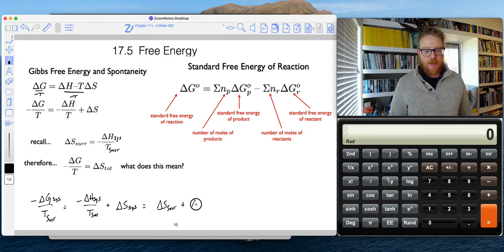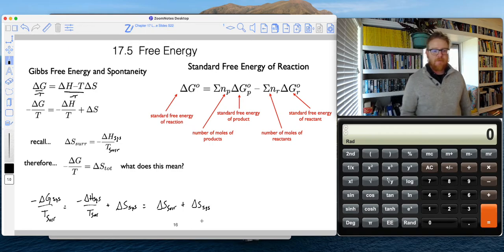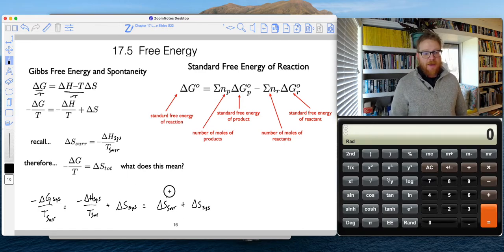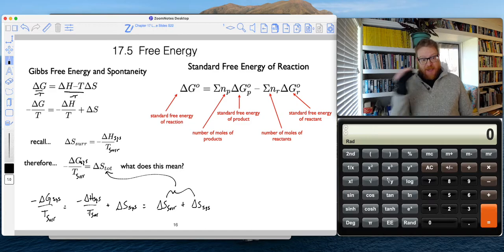And that's still plus delta S of the system. And so we recognize that delta S surroundings plus delta S system is just the total entropy, right? So we can say negative delta G specifically of the system divided by the temperature of the surroundings is another way I could calculate total entropy.